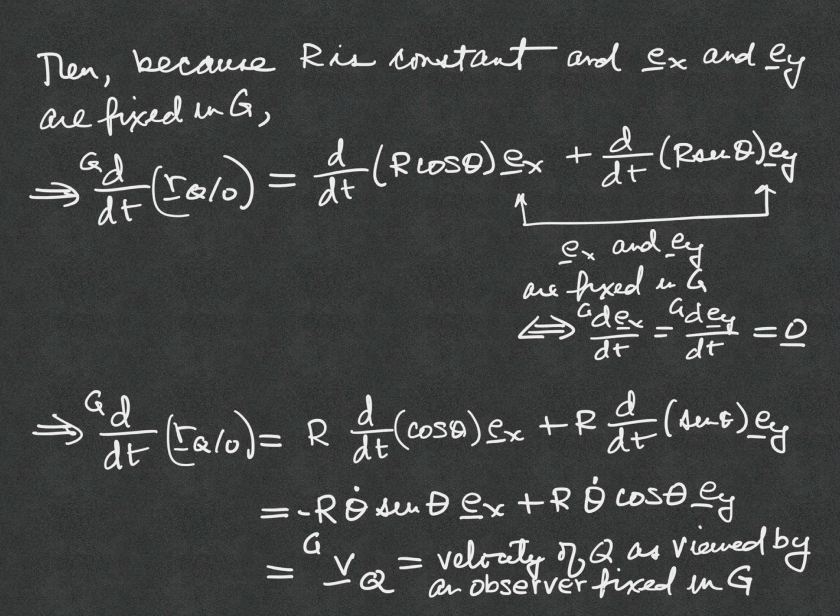But that's not the best way to do this problem. It is a way to do this problem, but it's not the best way. There's a much better way which takes advantage of the geometry. So now we're going to actually go back and take advantage of the geometry.